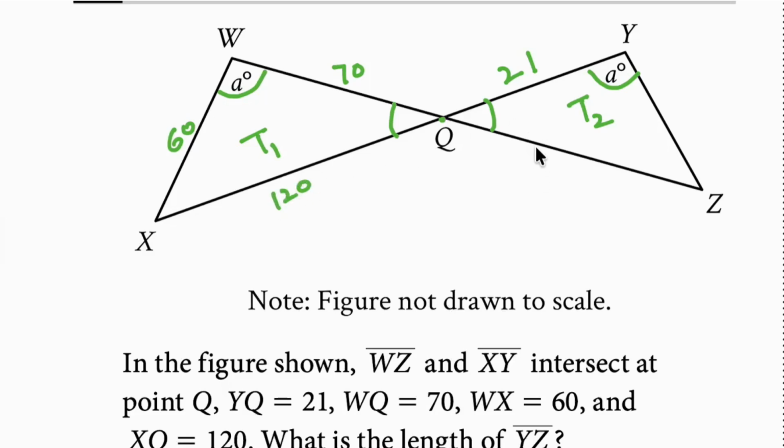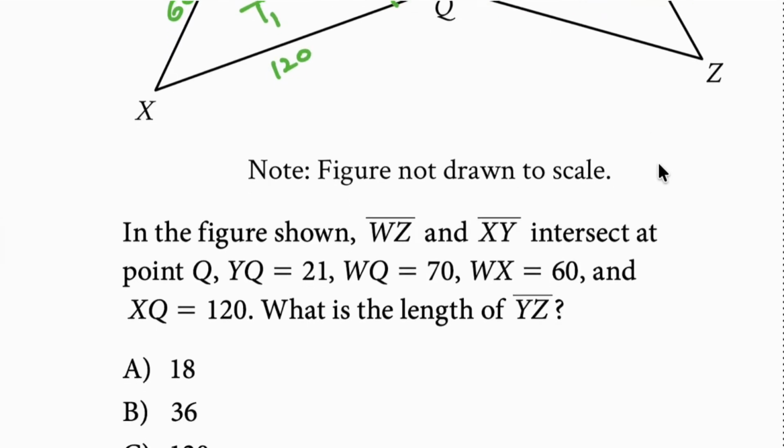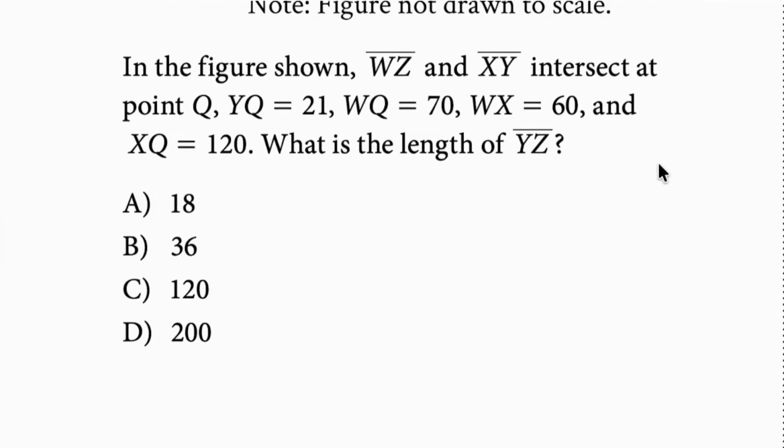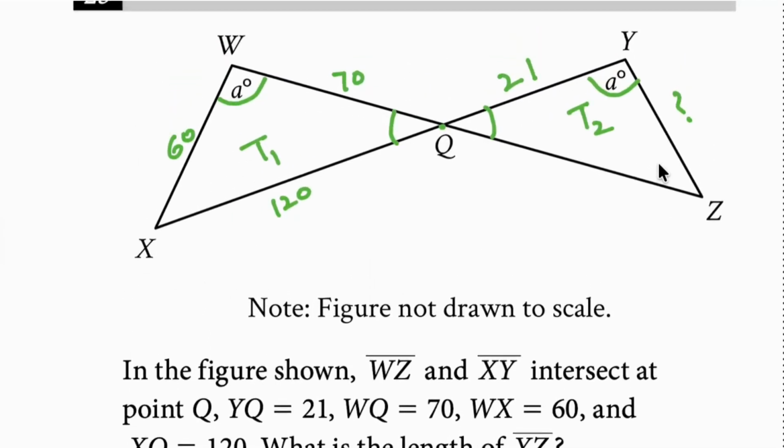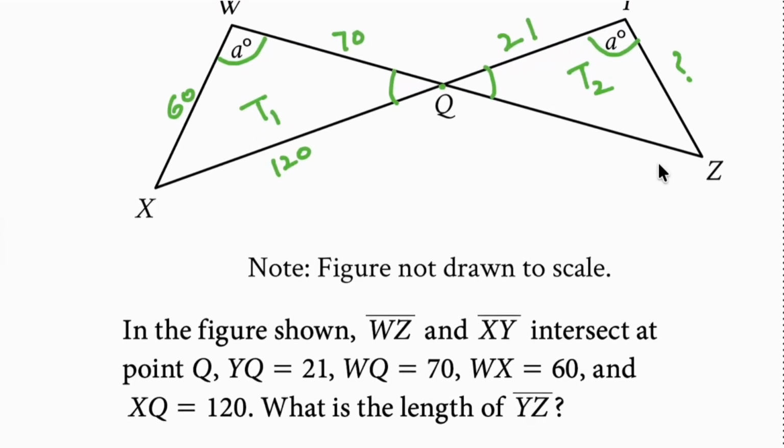And we have to find YZ. Okay. Now, first I have to find which method I have to use, right? Because angle W is equal to angle Y, right? So angle W is equal to angle Y and angle Q is equal to angle Q.